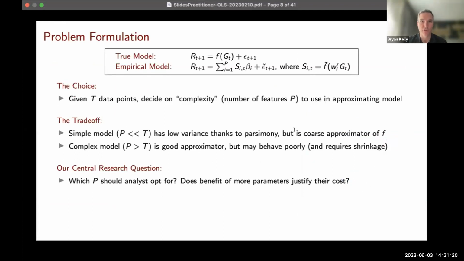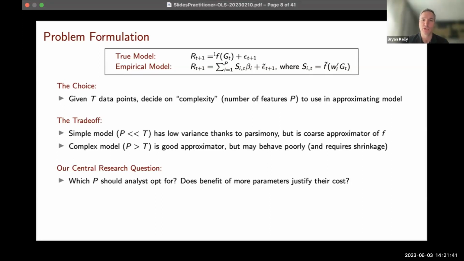To summarize, here's the way we're thinking about the problem. You have some true empirical predictive relationship between the predictors G and the outcome variable R. You say, I don't know how to specify F. I'm not omniscient. I'm just a person that doesn't know exactly how predictive relationships work in complex systems like markets.